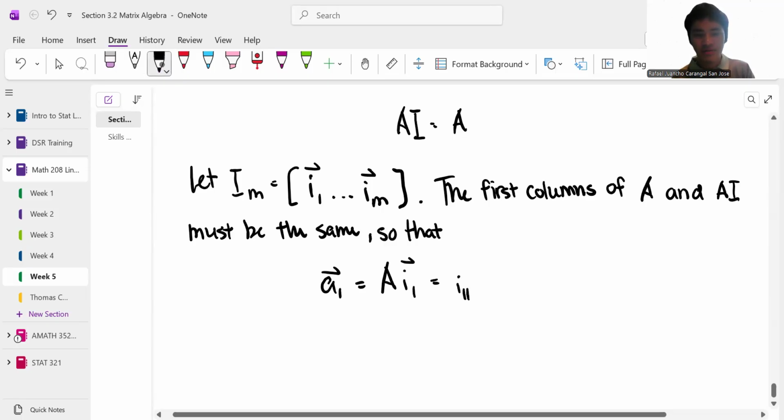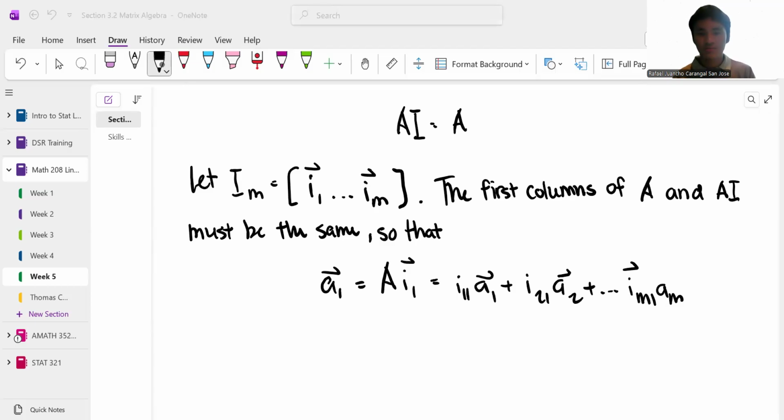So I11 A1, I21 A2, and I keep going all the way to IM1 AM.